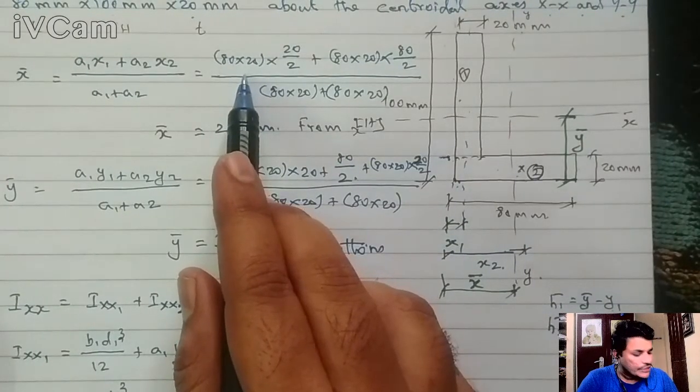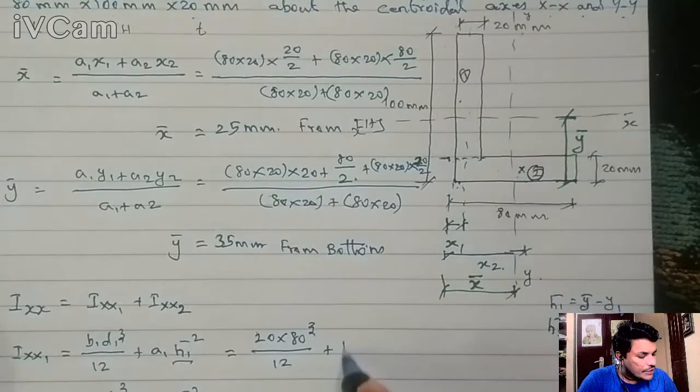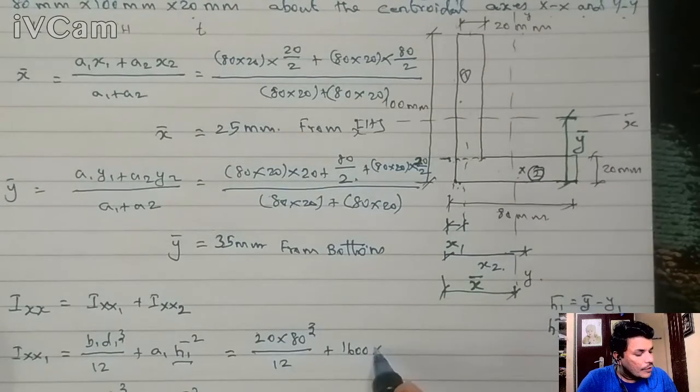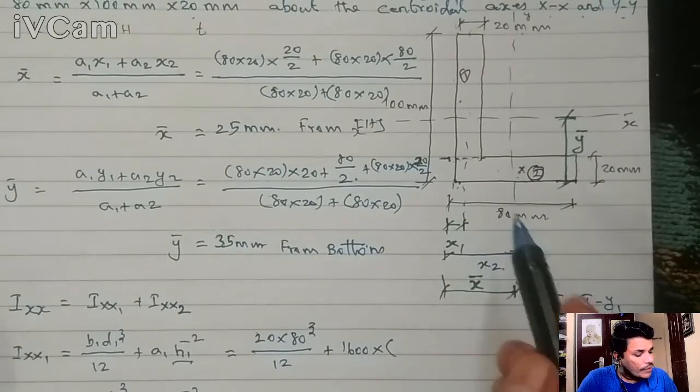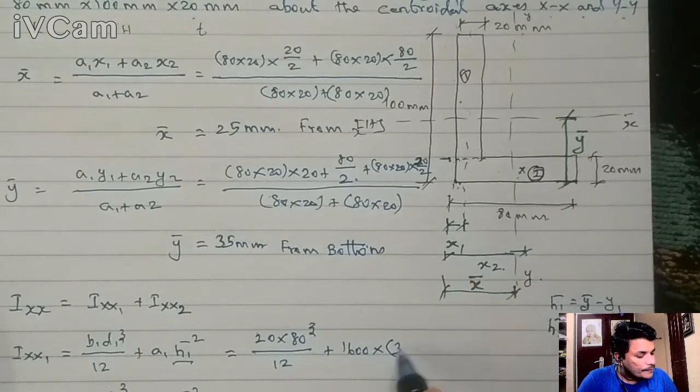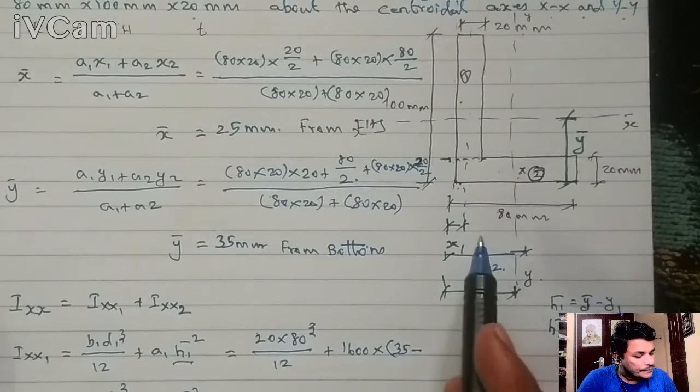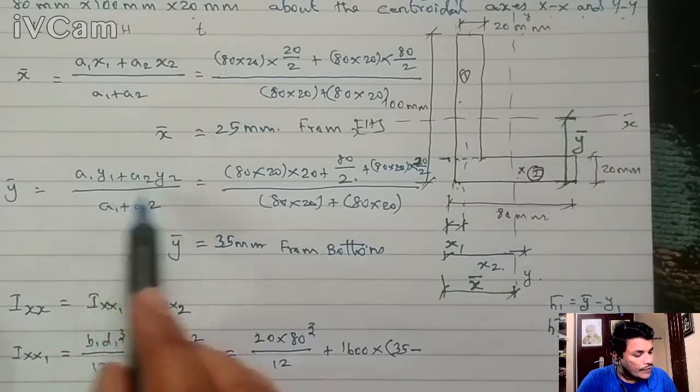Okay, so 1600 into h1 bar square. So h1 bar, what is the y bar value? y bar minus y1 is the h1 bar. So y bar value is 35 minus the y1 value, which is 20 mm.